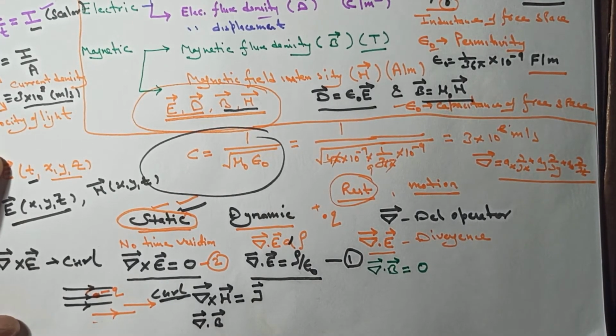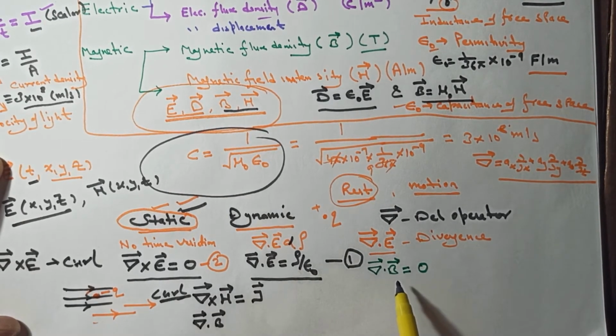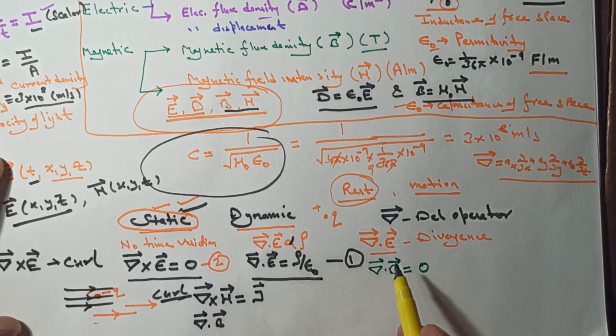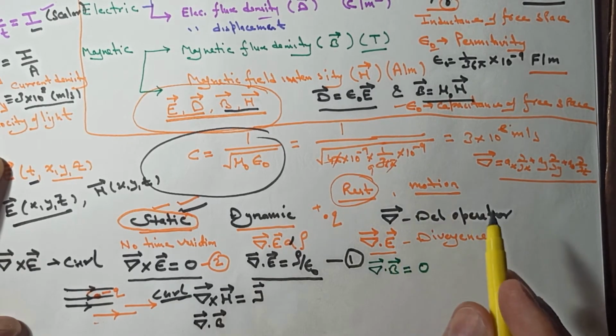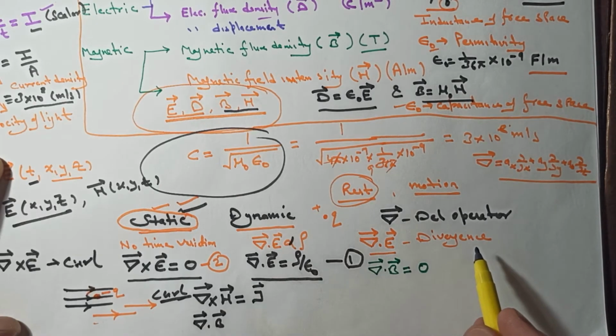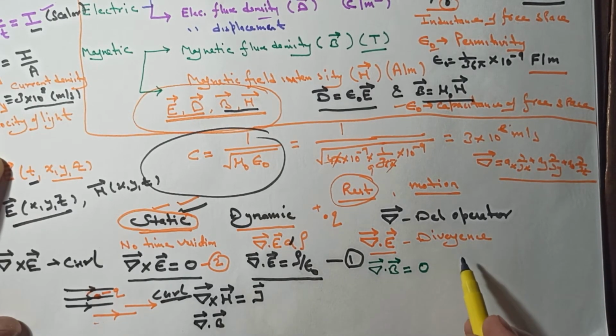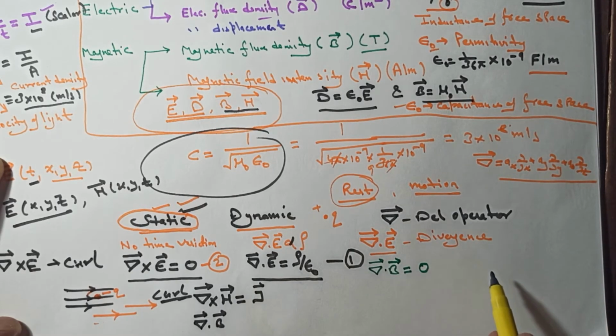Why? Because the magnetic field always provides a circular motion, whether it is static or dynamic. The work done in this circular motion is always 0, so the net flow is always 0.